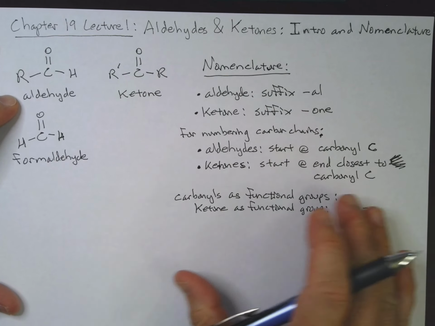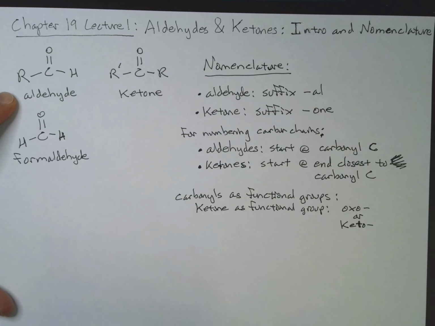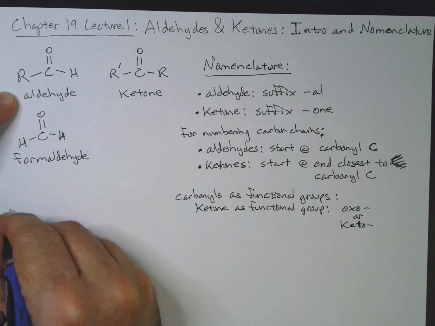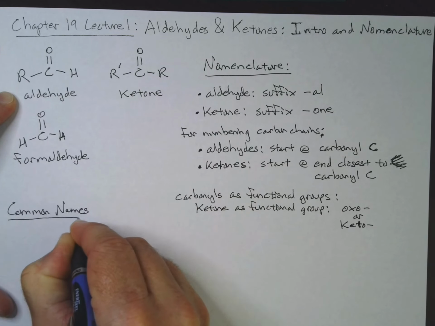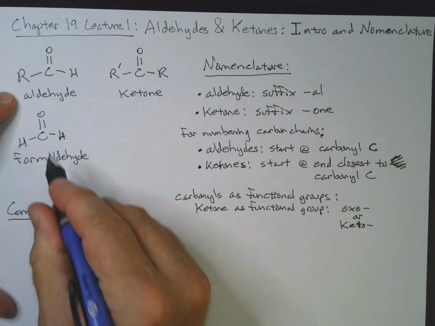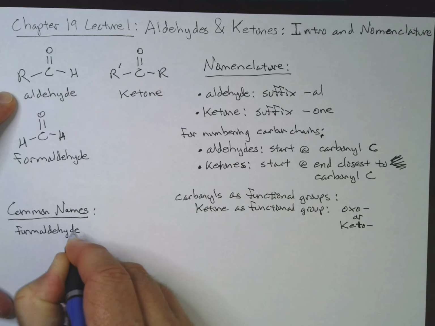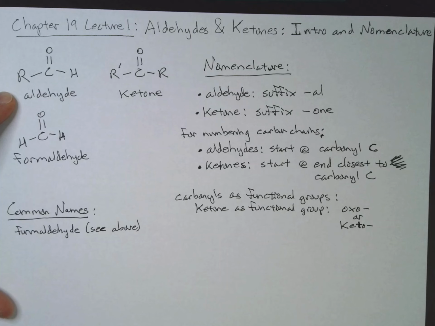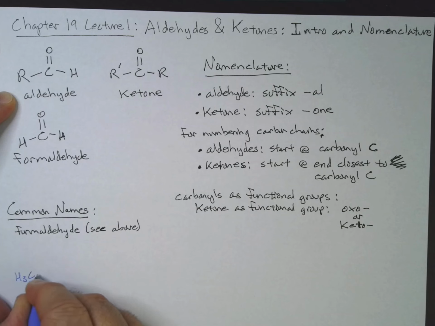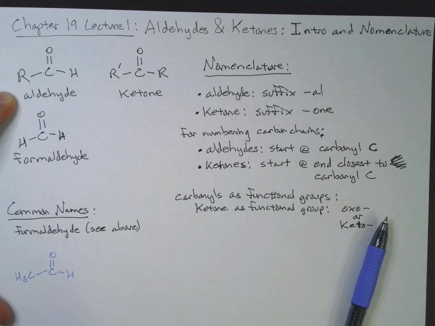Before I get to some systematic nomenclature, let me just show you some common names. Okay, we have formaldehyde. Let's say C above. And then we've got acetaldehyde.